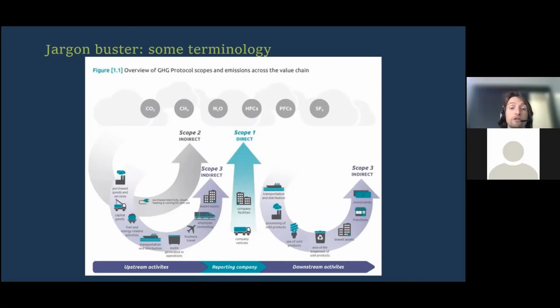When we talk about carbon emissions, we're actually referring to all greenhouse gases, carbon being the most prevalent one, the one that's referred to all the time. But generally when we talk about carbon, we're actually meaning 6 different types of greenhouse gases.